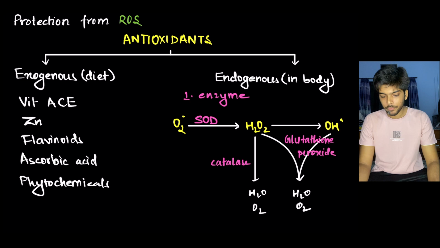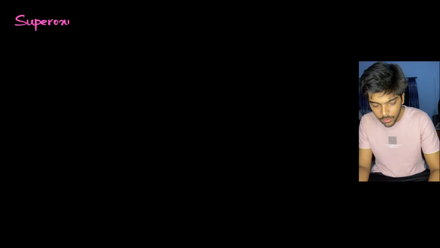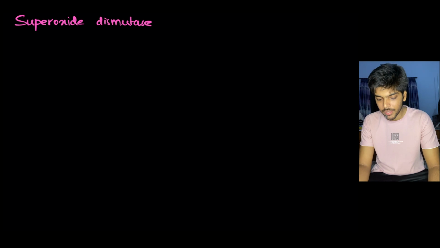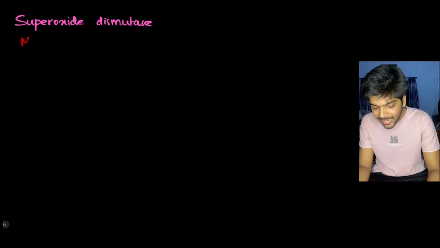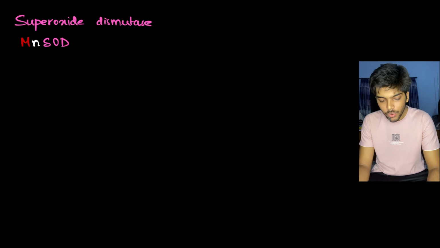That's the first, but a little bit about superoxide dismutase. Within your cell, you have two types of superoxide dismutase. Number one, manganese containing superoxide dismutase, and number two, copper containing superoxide dismutase.